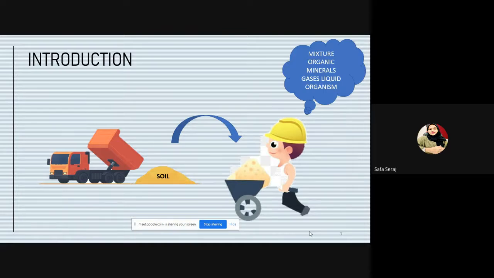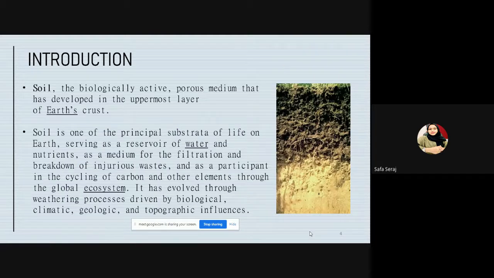So first of all, we should know what soil is. Soil is a mixture of organic matter, minerals, gases, liquids, and organisms. Soil is the biologically active porous medium that has developed in the uppermost layer of Earth's crust.